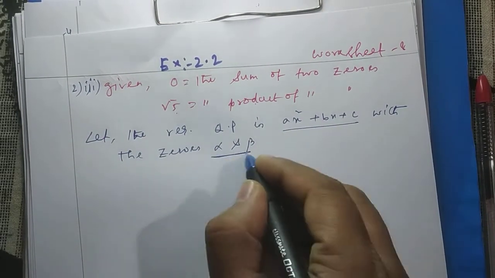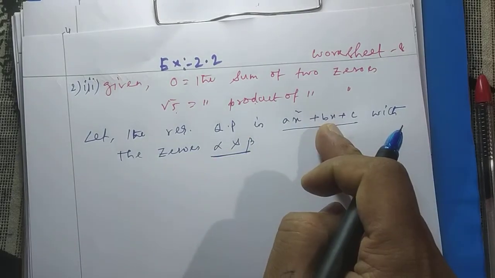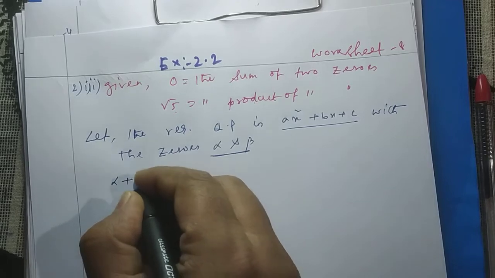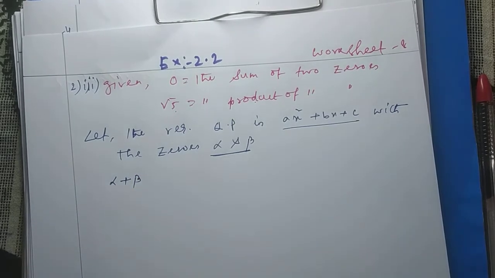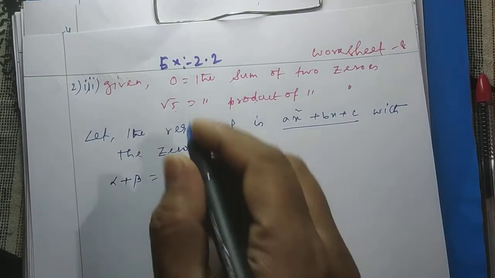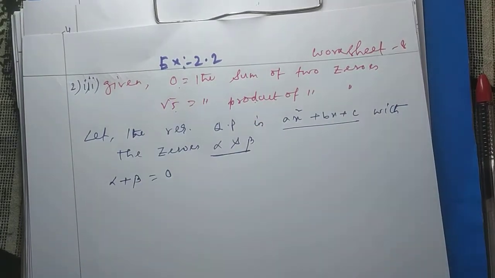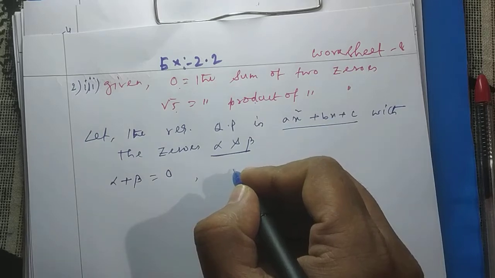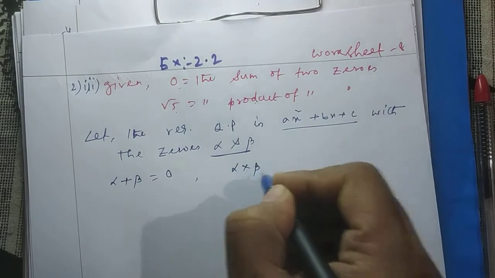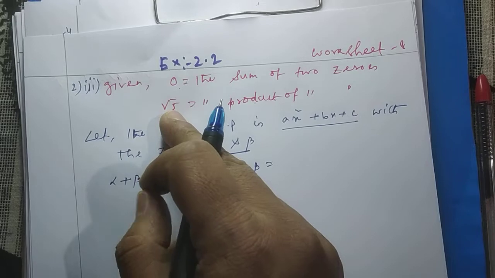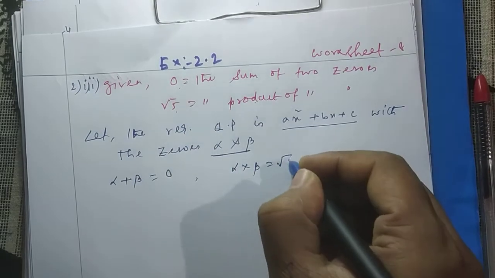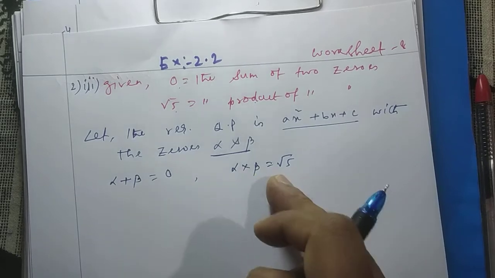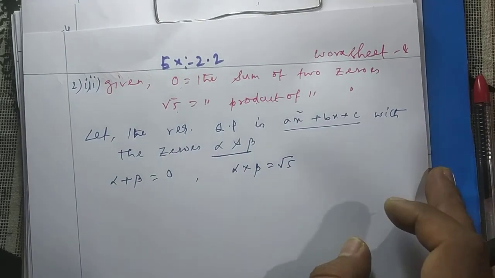Already we have assumed the 2 zeros of the given quadratic polynomial to be alpha and beta. So here the sum of the zeros will be alpha plus beta, and it is already given here as 0. Correct? Similarly the product of the zeros will be alpha into beta, which is already mentioned here, root over 5. So we have alpha plus beta equal to 0 and alpha into beta equal to √5.